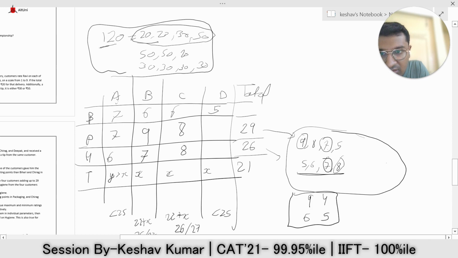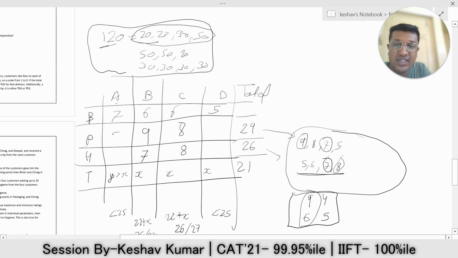Alright. So what's the total? 7 plus 6, which is 20. And y can be 9 or 6. So even if I take y as 6, I get the sum as 26. So I can easily say that A didn't give rating of 7 in packaging.